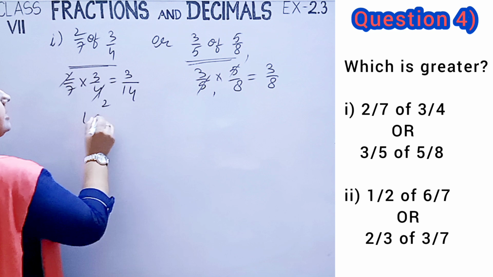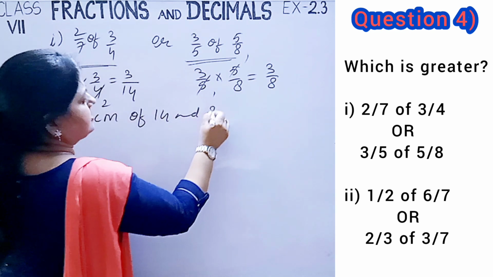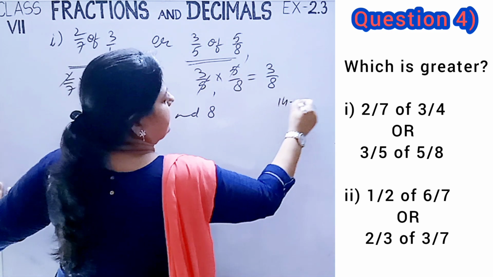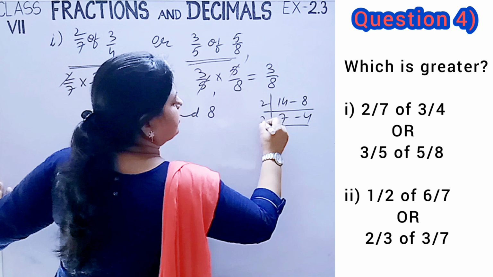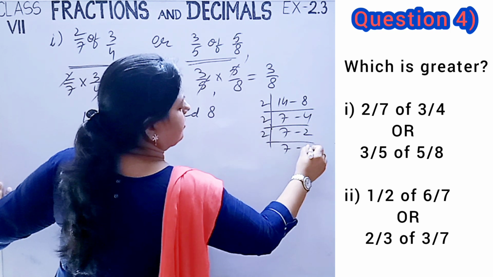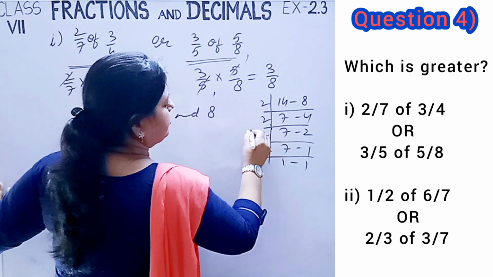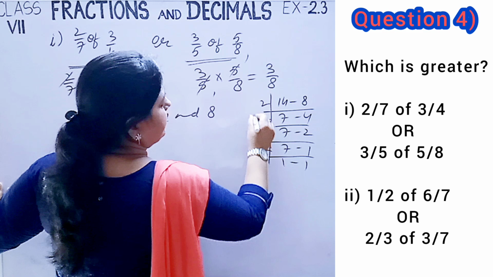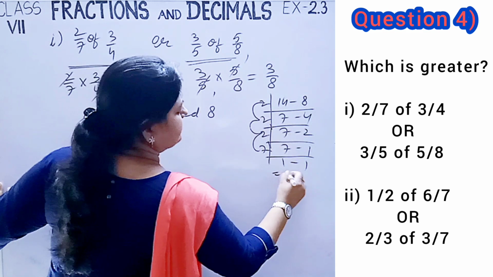So taking LCM of 14 and 8. 2 7s are 14, 2 4s are 8, 2, 2, last one is 7. So 7 2s are 14, 14 2s are 28, 28 2s are 56. So LCM of 14 and 8 is 56.